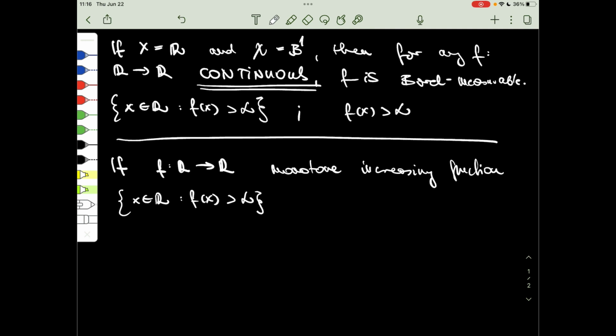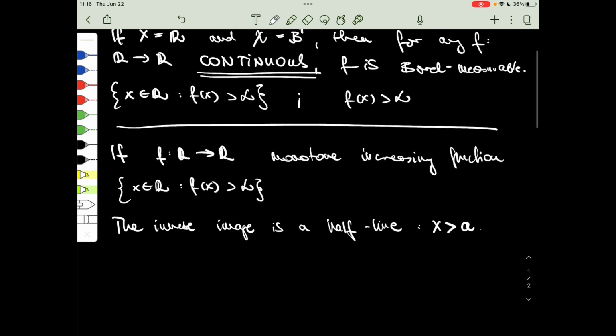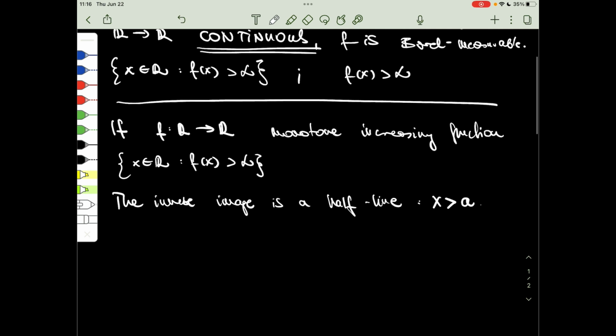The inverse image of this relation is a half line, which is in the Borel algebra. So the inverse image of the set where f(x) is higher than alpha is a half open set which is in the Borel algebra. So a monotone increasing function is Borel measurable. This is what we needed to show.